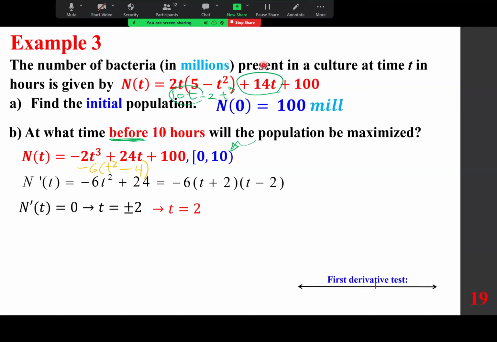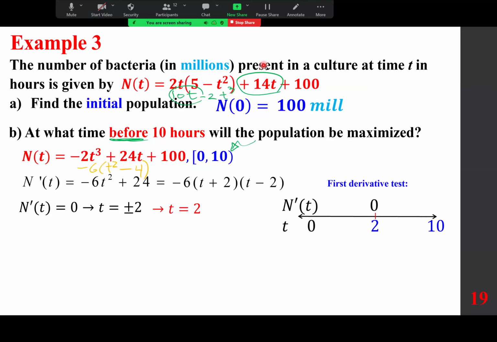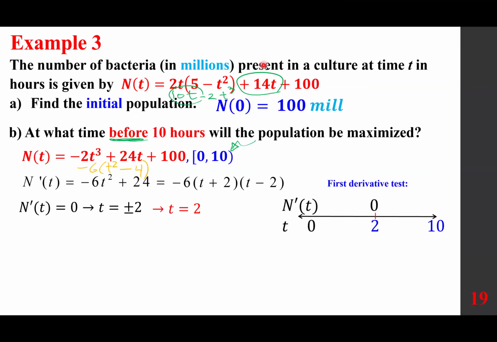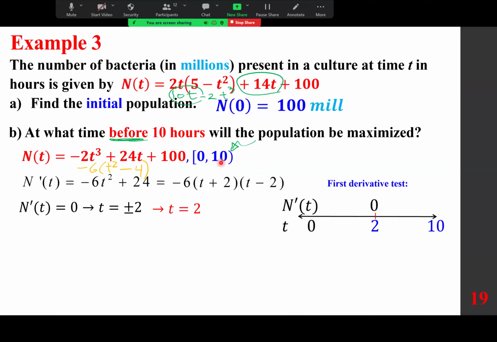The first derivative test, we have this sign graph as follows. We're going to go from 0 to 10, because of the limitation that is here. And we're going to put the critical points. There are 2 of them, only one of them is acceptable. Now the test point, you can even use 0 and 10, because you want to know what happens to the left and the right of 2. To the left of 2, you plug in 0, clearly 24 is positive, and then it alternates.